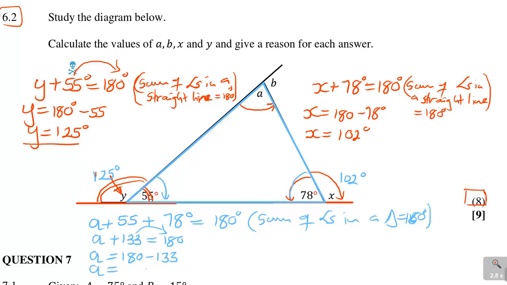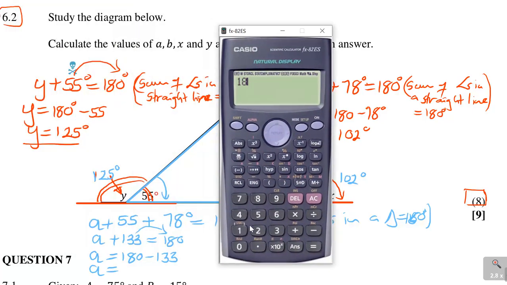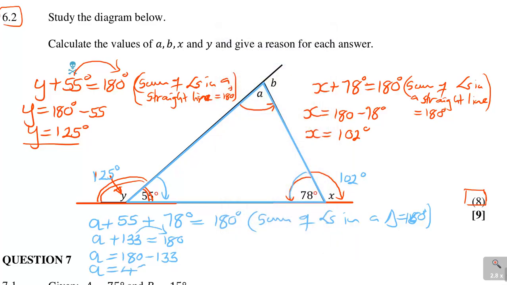If I use my calculator, 180 minus 133 is equal to 47. So I've got my A is equal to 47 degrees. So there is my 47 degrees.